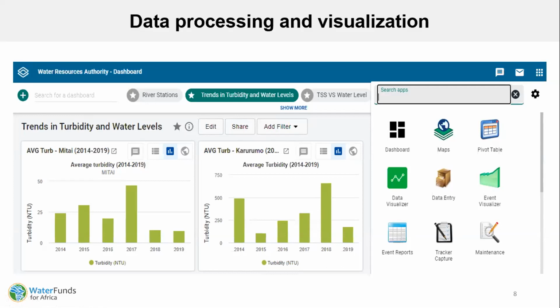Are the project activities working? Yes. And so then he will look for more or give us more money so that we are able to scale up these activities to these other micro watersheds. So there's a sort of decision-making dashboard that comes in when the data is plotted into the tool.